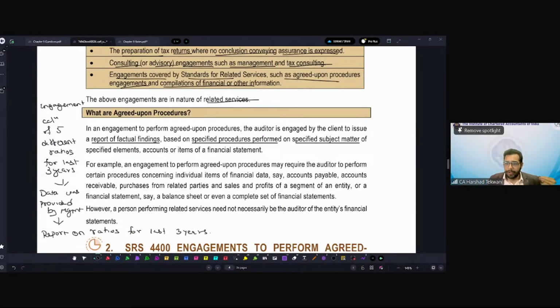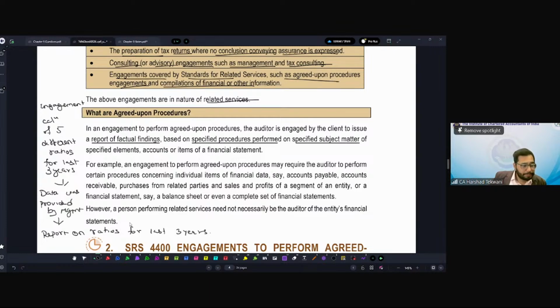We have not verified the data or checked the accuracy of the data. I am just calculating the ratio based on the data provided by the management. That's it. In that case, there is no assurance element involved. That's why it will become agreed upon procedures.